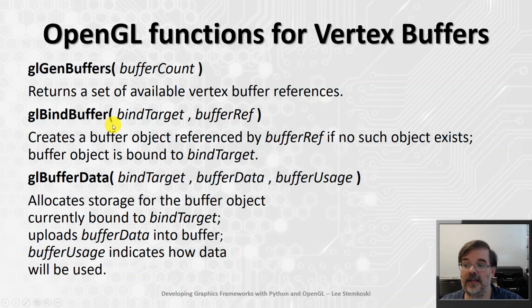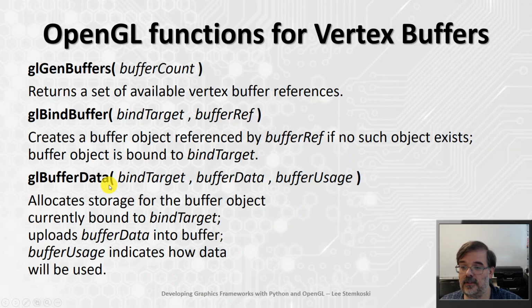And so glBindBuffer is a function which is going to create the buffer object referenced by bufferref. The first time it's called, the object won't exist, and it'll initialize that object, and then it'll set up the binding. The next function is glBufferData, and that's the function which will actually upload data to the GPU for you.